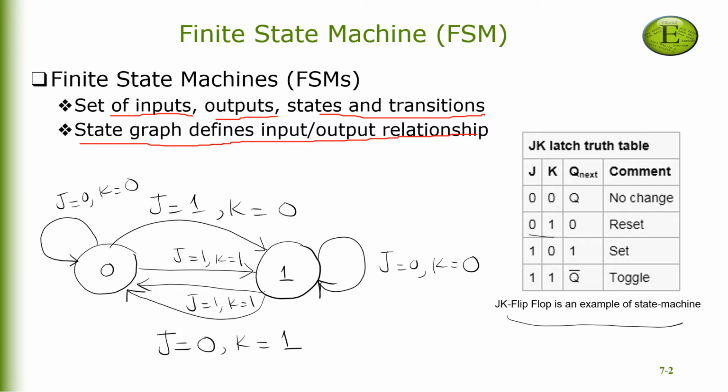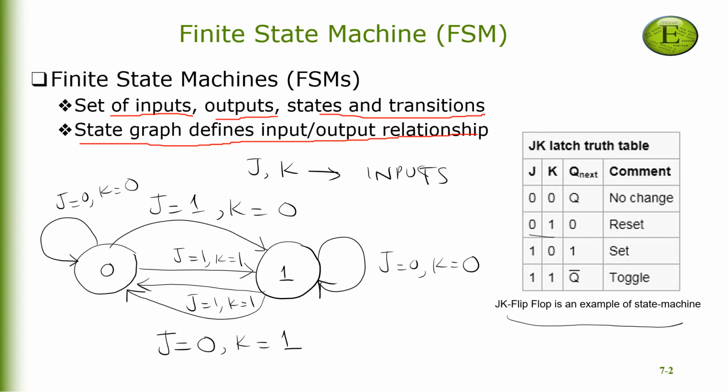So this is a quick example illustrating the basic components of the finite state machine, and in this case you can consider J and K as the inputs to the system.